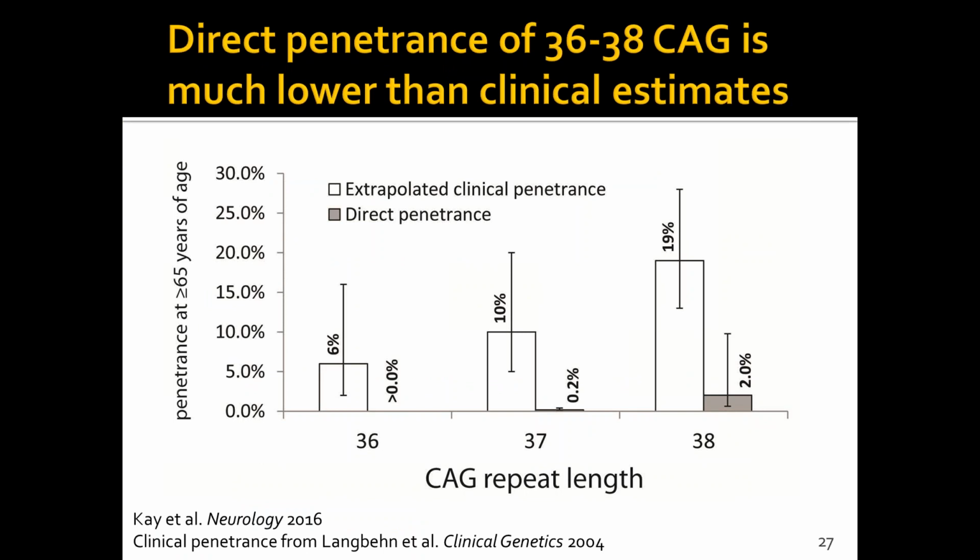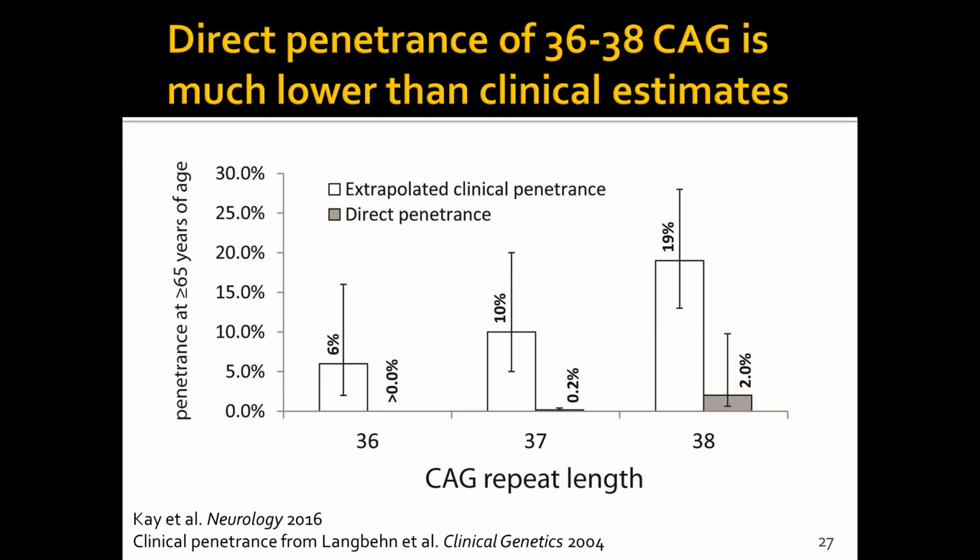So yes, there's no data for 39 in this figure, and the reason there's no data for 39 in this figure is, like George alluded to, we did not see anyone in the general population. So that would mean from British Columbia, Scotland, and the USA with a 39.